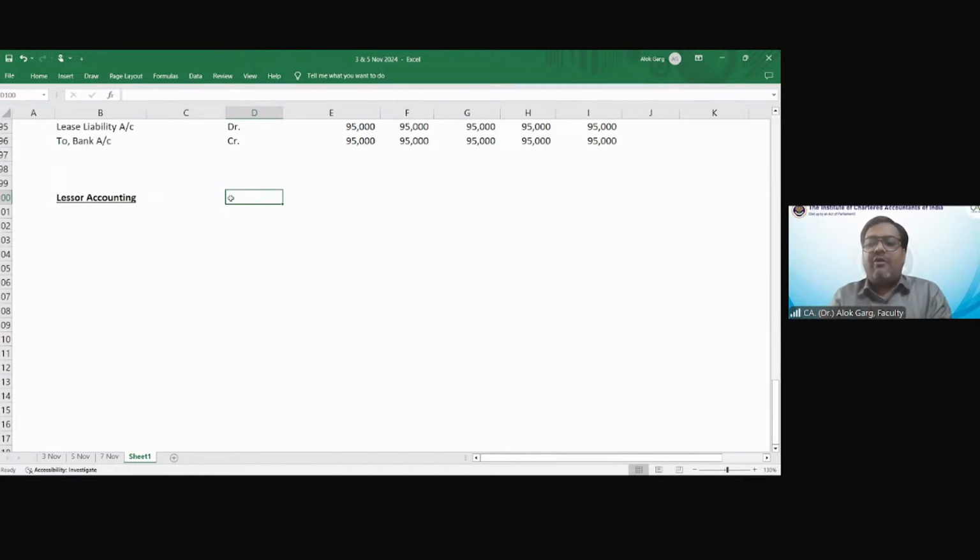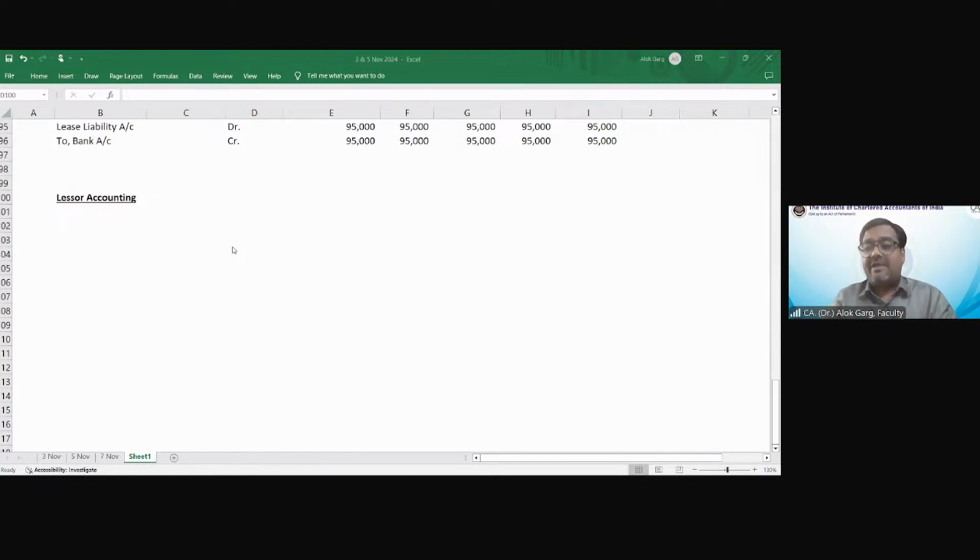Generally, if the question is tricky and it says that the entire payment has been made on the commencement date, in that case don't forget to capitalize ROU, while your lease liability will be 0.